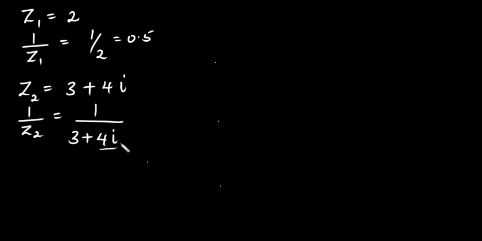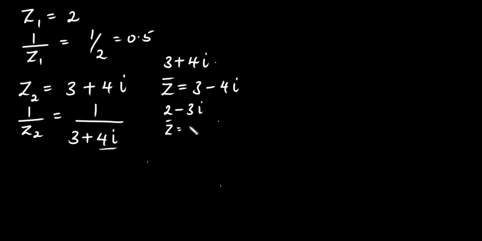What do I mean by the conjugate of this complex number? If we have 3 plus 4i, the conjugate, which we can denote as z bar, is 3 minus 4i. You just change the sign of the imaginary part. If we have 2 minus 3i, the conjugate is 2 plus 3i.